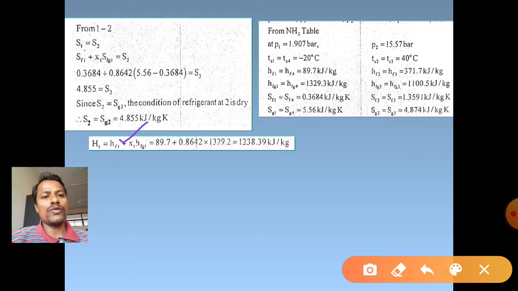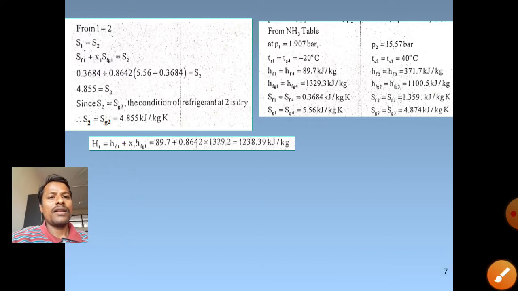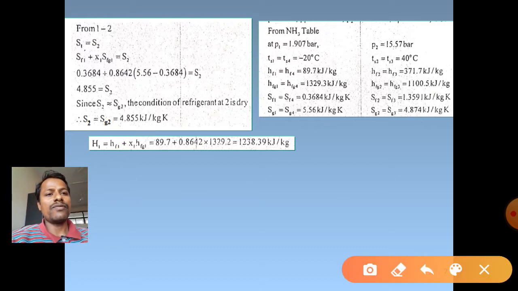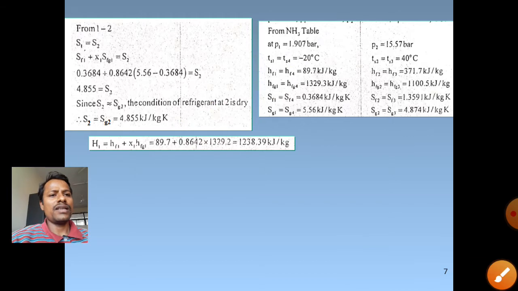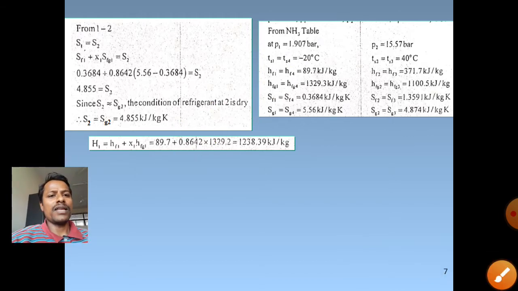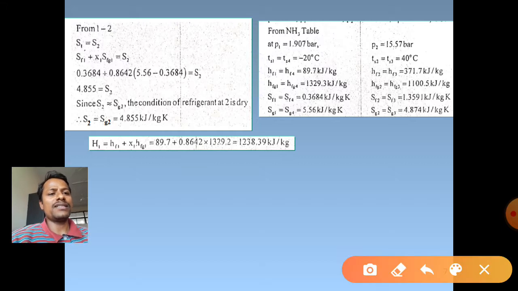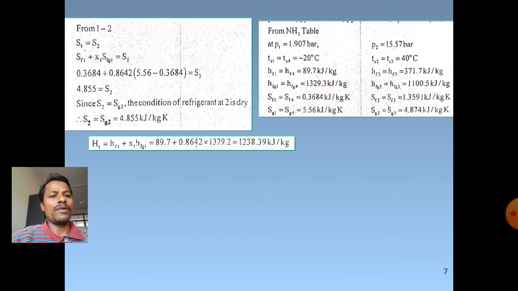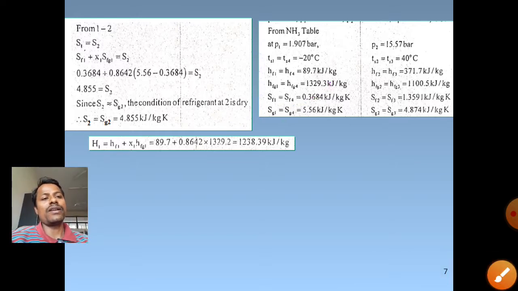Then we have HF1 value here, 89.7, which we have substituted. X1 he has given as 0.8642 in the given data. Then HFG1 we have the value 1329.2. Operate the calculator, and we will be able to calculate enthalpy at state 1.